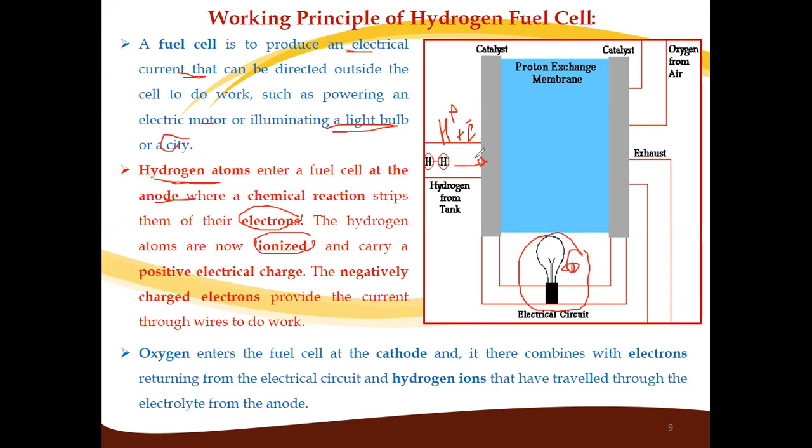That split of the hydrogen atom into hydrogen ion and electron is there. The hydrogen ion is called a proton, and this is an electron. The hydrogen atoms are now ionized and carry a positive electric charge. The negatively charged electrons provide the current through the wires, and this current can be used for any other purpose like powering an electric motor or illuminating a light bulb, as shown in this figure.